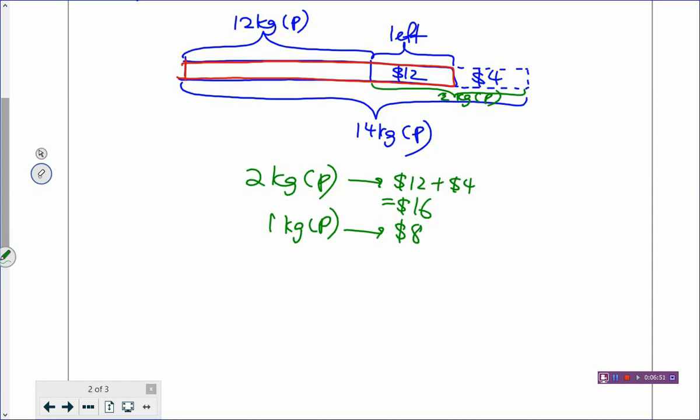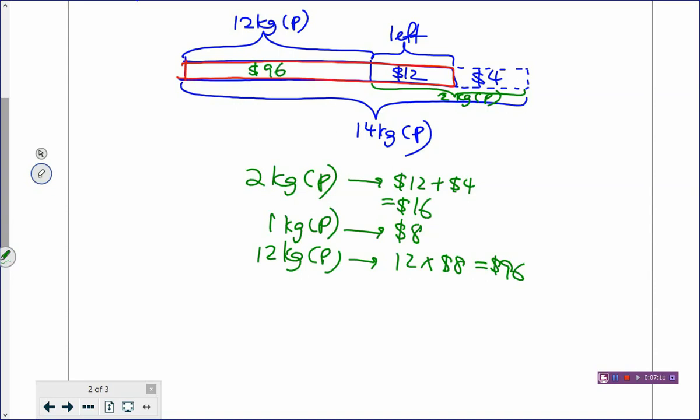So can you find how much 12 kg of prawns is? 12 kg of prawns will be 12 times 8, that will be $96. Then you can put that into your model: 12 kg of prawns is $96.